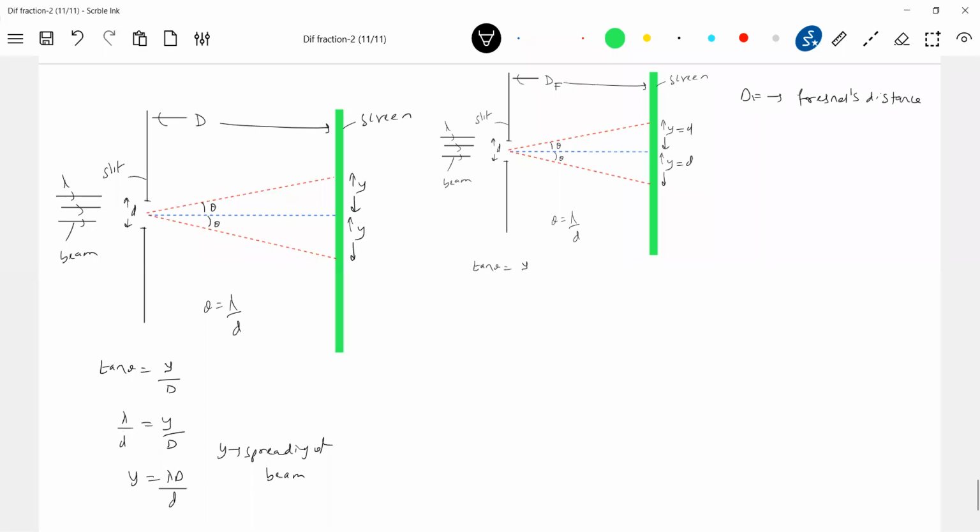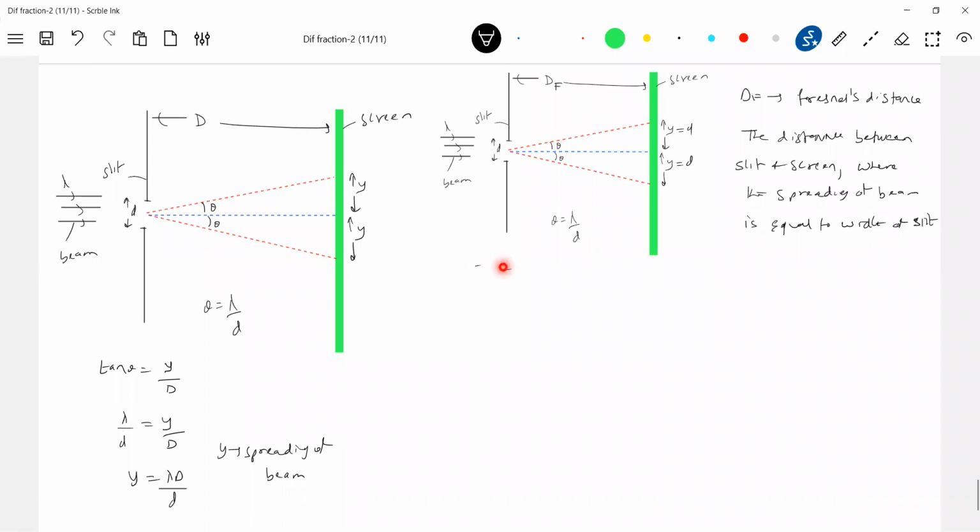Okay, this is the distance between slit and screen where the spreading of the width of the slit happens. So that particular distance is called the Fresnel distance here.